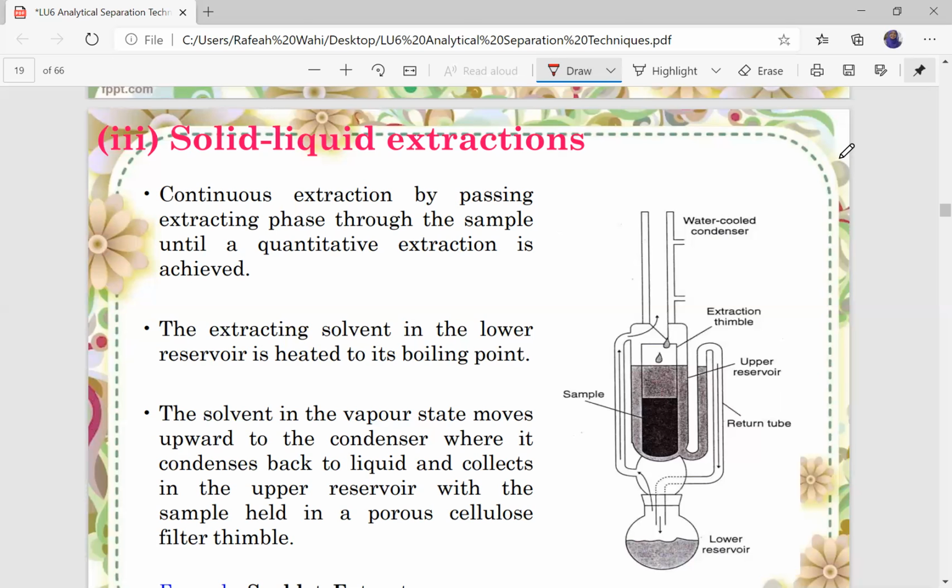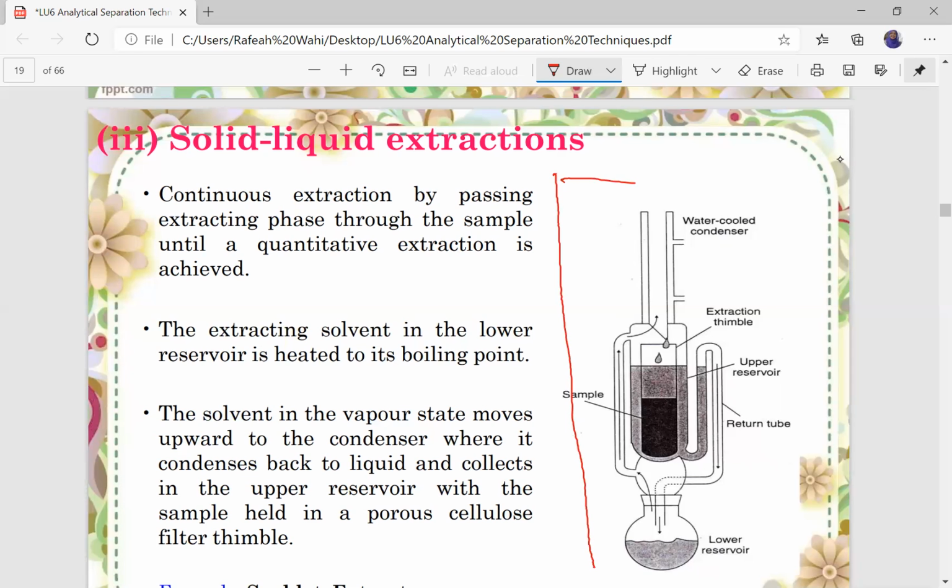Okay, so in solid liquid extraction, if you look at the figure at your right hand side, this is an apparatus for solid liquid extraction in the laboratory. The extracting solvent is in the lower reservoir. Okay, here is the lower reservoir, and it is heated to its boiling point.